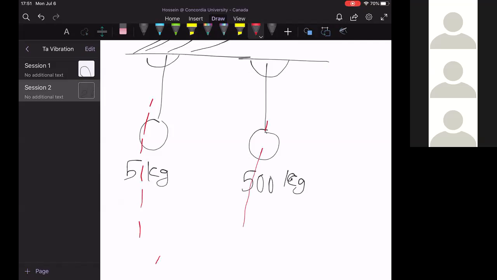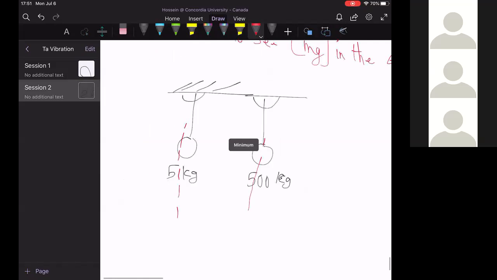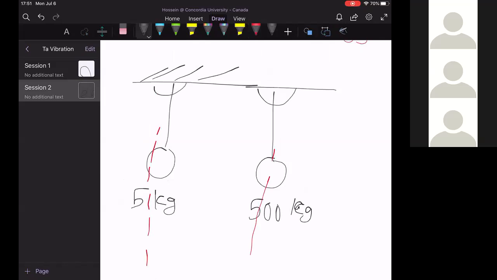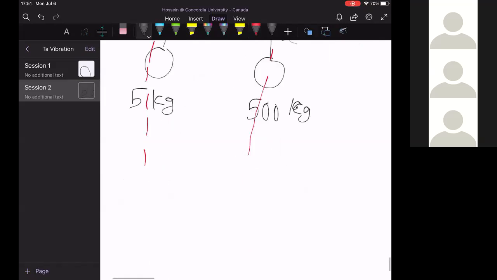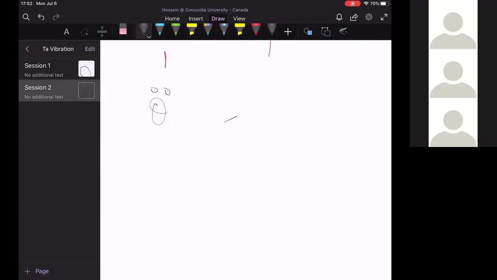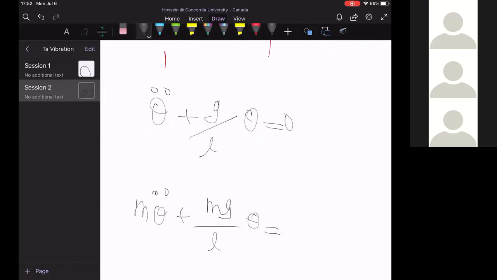So therefore, you have to see the mg in the equation of motion: L theta double dot plus g over L theta is 0. Or you could say m L squared theta double dot plus mg L theta. So there should be mg in the problem.